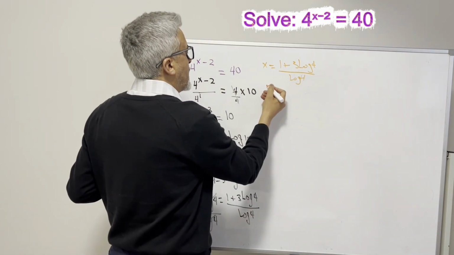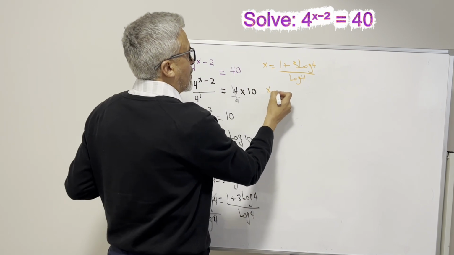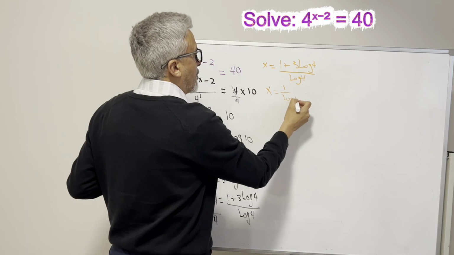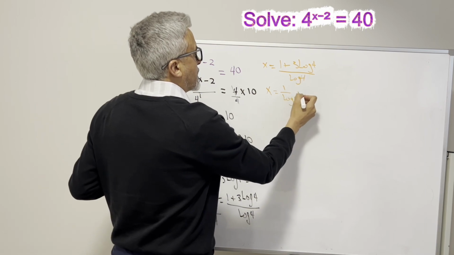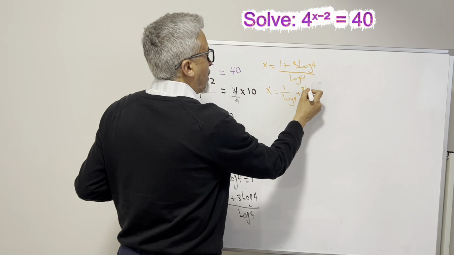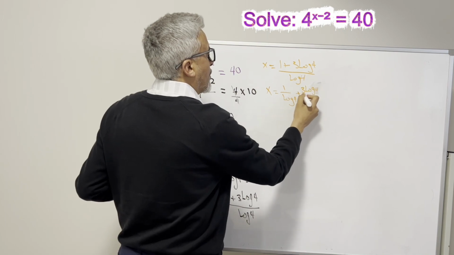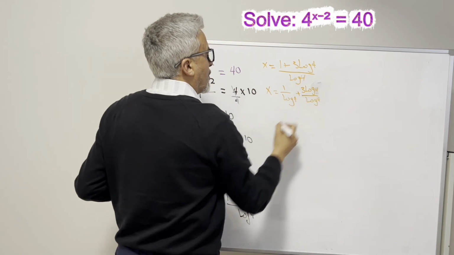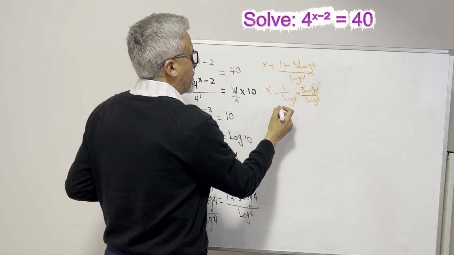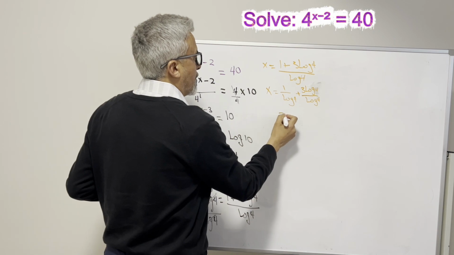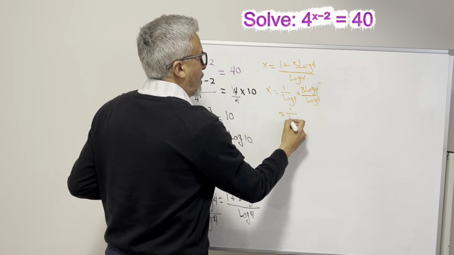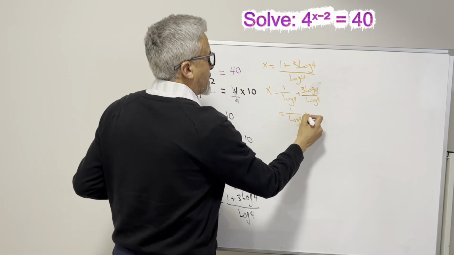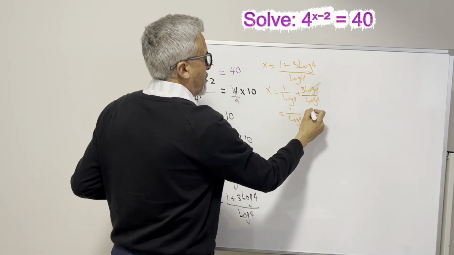And you could break this down to 1 over log 4 plus 3 log 4 over log 4, which gives me 1 over log 4 plus, the log 4's will cancel here, plus 3.